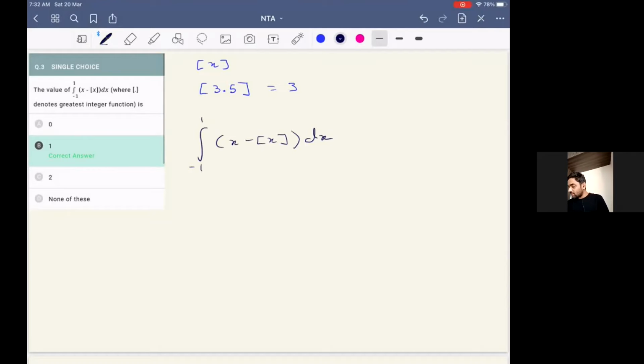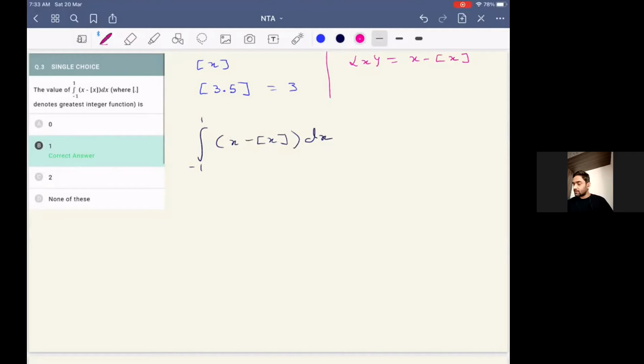In fact, the fractional part of x is defined like this. We say that the fractional part of x is equal to x minus greatest integer of x. Because greatest integer means an integer which should be less than or equal to the number, but the number itself is x. So if you take the difference, we get the fractional part.